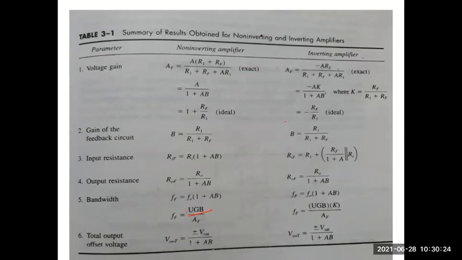You should answer fast. You know or don't know? Voltage to be applied at inputs to make the outputs zero. Okay, voltage that should be applied at the input to make output zero. That is called input offset voltage, right? What is output offset voltage?